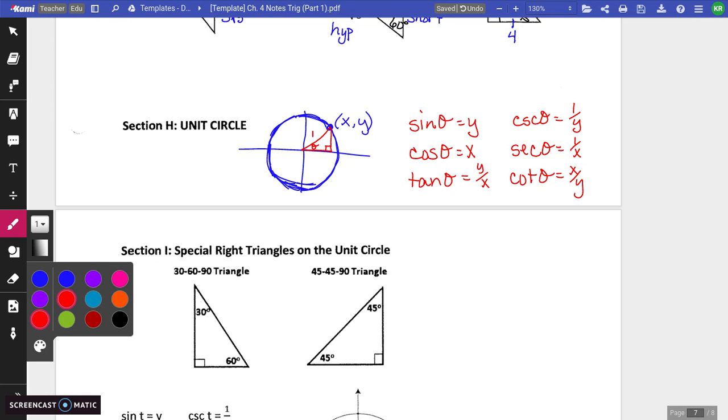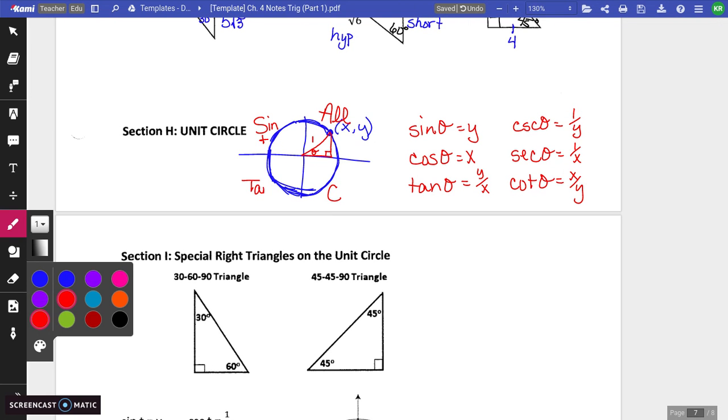The other thing to remember through unit circle is all snow tastes cold. So A stands for all, meaning all of your trig functions are going to be positive. S stands for sine, which means sine and cosecant will be positive, but cosine and tangent will be negative if you are at an angle in the second quadrant.